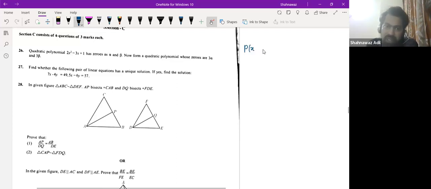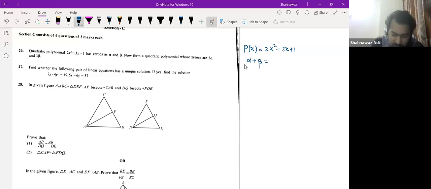P(x) is 2x square minus 3x plus 1. So what would be alpha plus beta for this? Alpha plus beta is minus b by a. So what would that be?